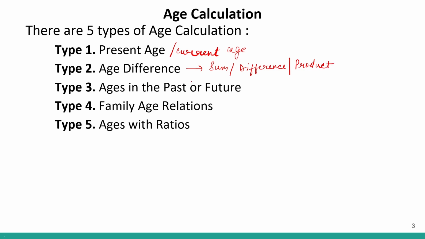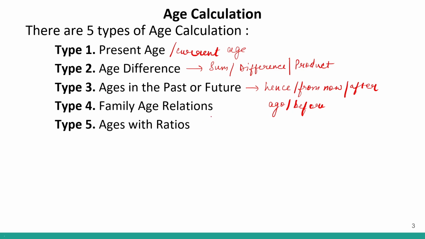Then ages in past or future, where we had words like hence or now, from now or after. Or we used words like ago and before, or we had certain specific years, right? This was ages in the past or future.